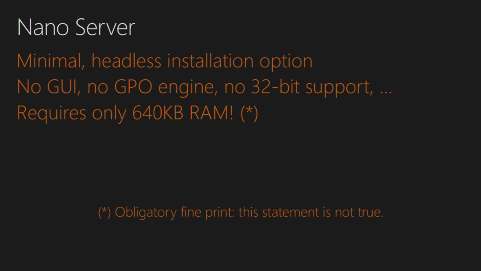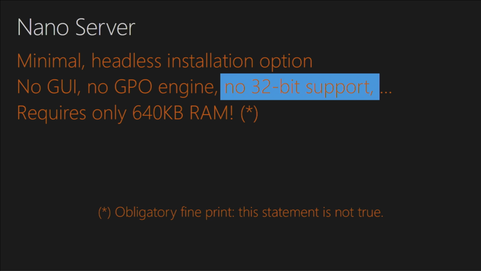So how does this tie in with Sysinternals, and why is this an issue? Why do we need to do anything special for Nano Server? Because of the lack of 32-bit support. One of the features of the Sysinternals tools is that you just download one executable. There's no installation package or anything like that. You just download the executable and run it, and it works, whether you're running on 32-bit Windows or 64-bit Windows.